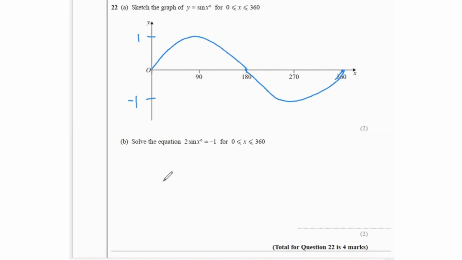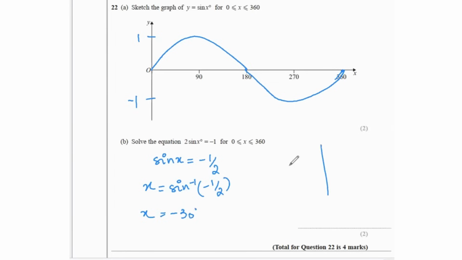And solve the equation 2 sine x equals -1, where x is between 0 and 360. So sine x would be -1 over 2. x would be sine inverse of -1 over 2, which will give us -30.